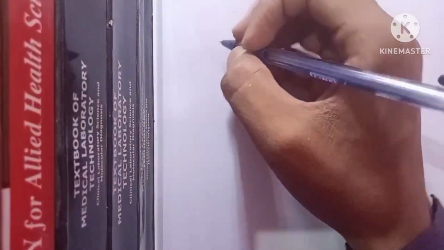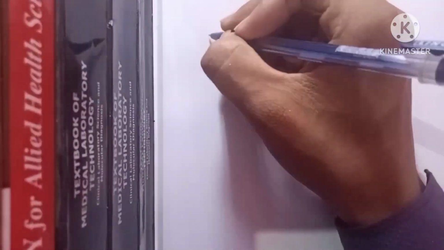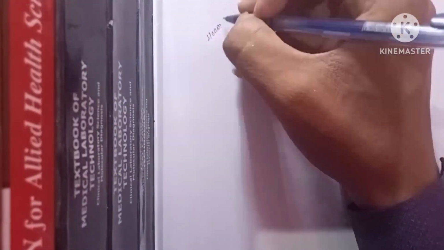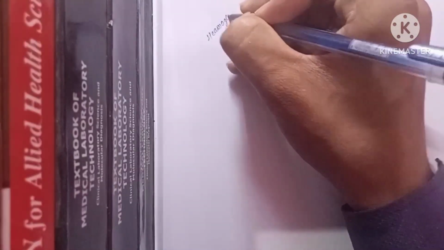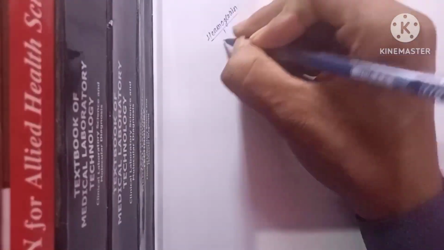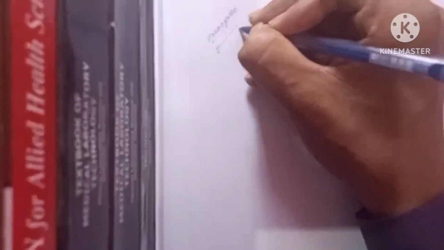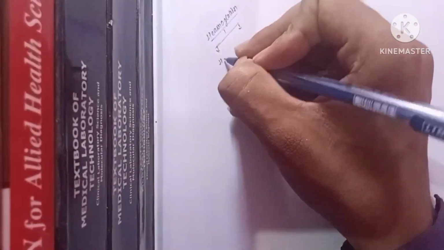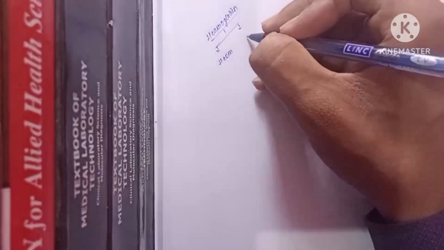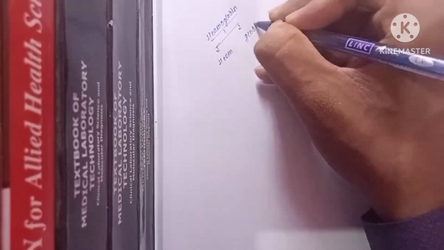Let me discuss here. We know that hemoglobin, let me draw hemoglobin. Hemoglobin is made up of two things, heme plus globin, right?